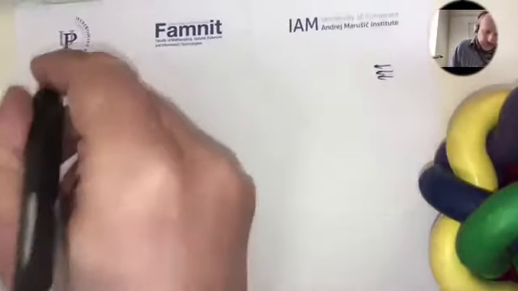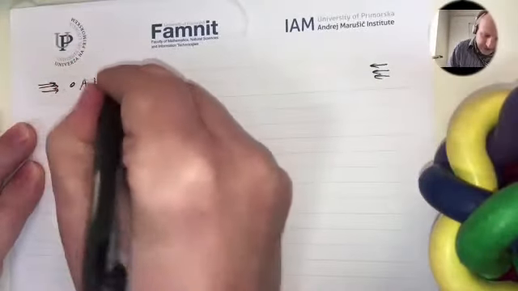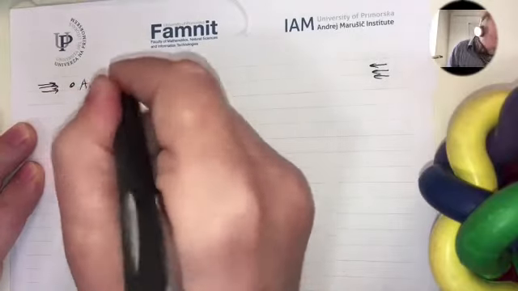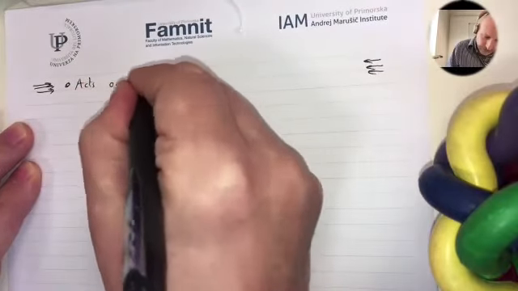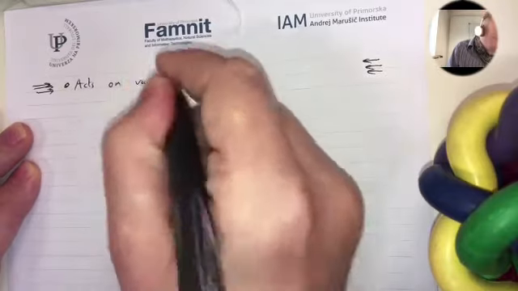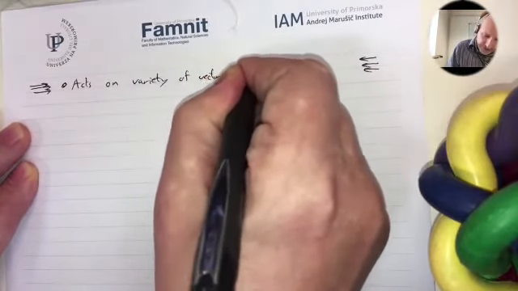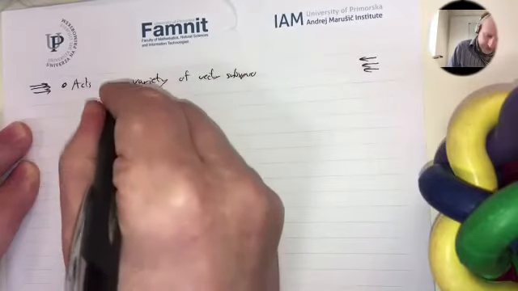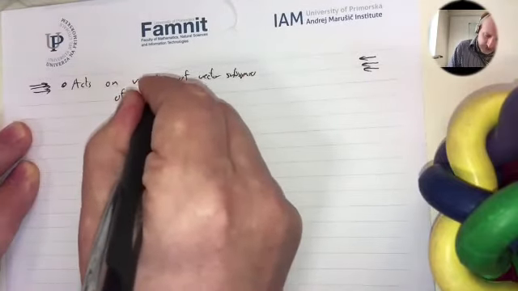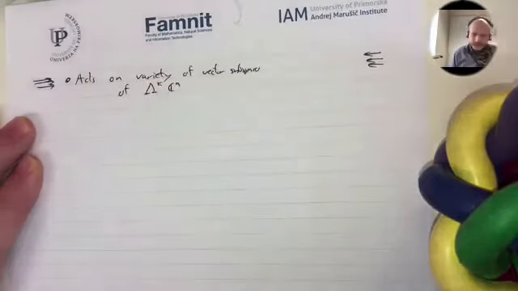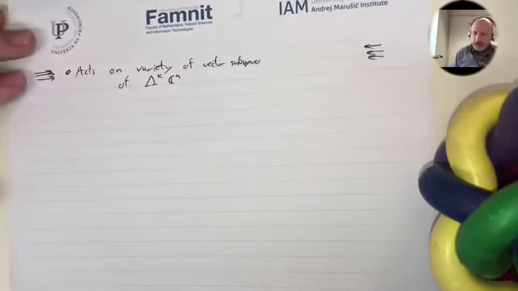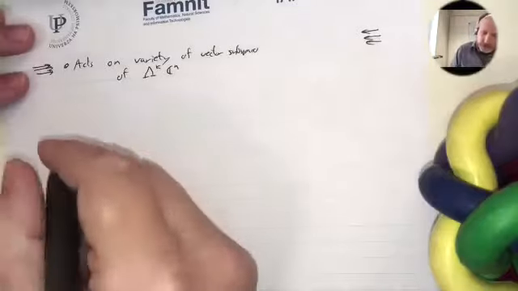And that is to note that these matrices act on the variety of vector subspaces of lambda k Cn. And the setup is completely similar.